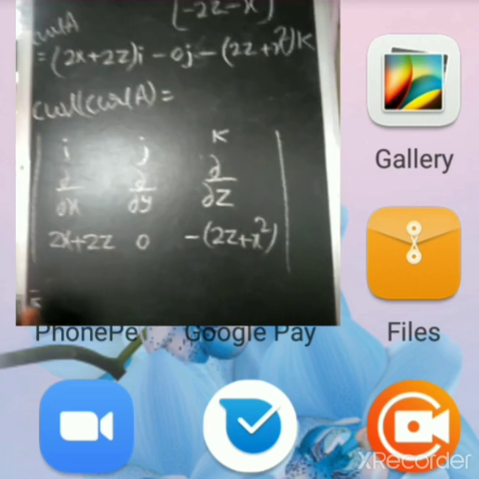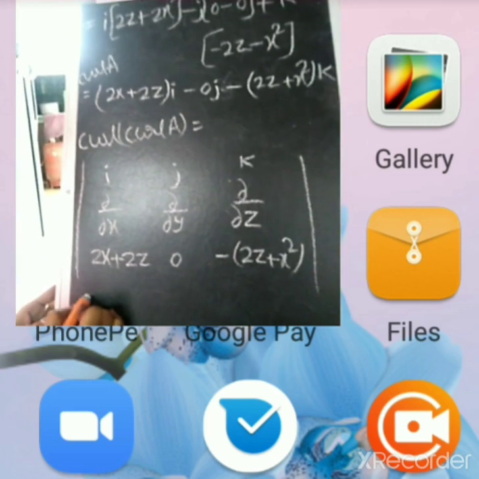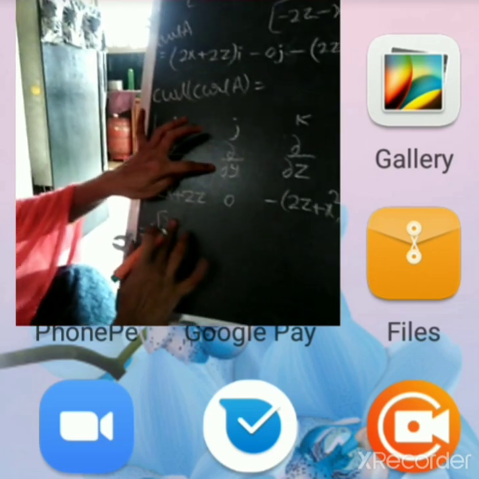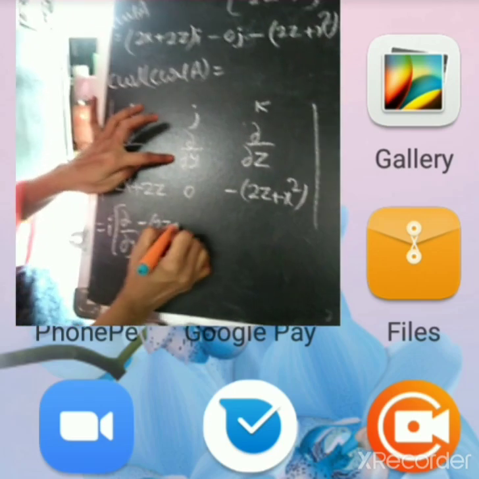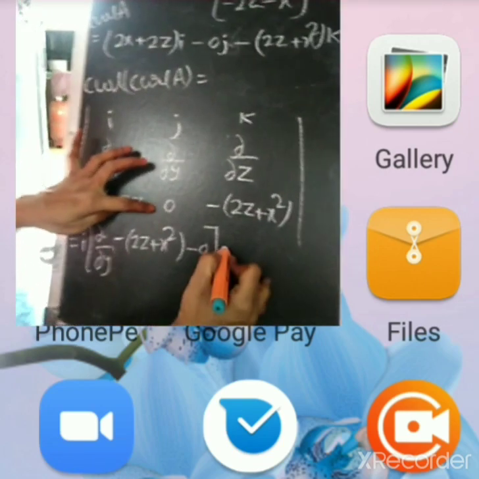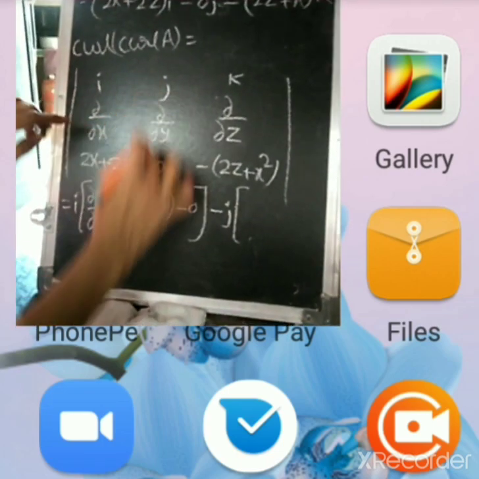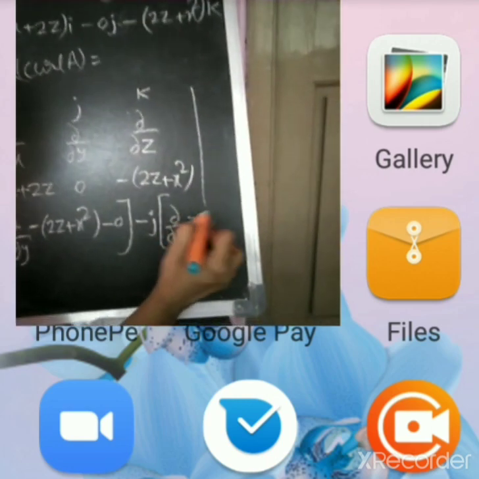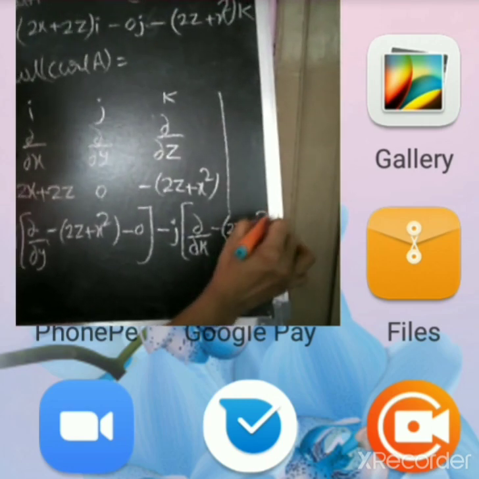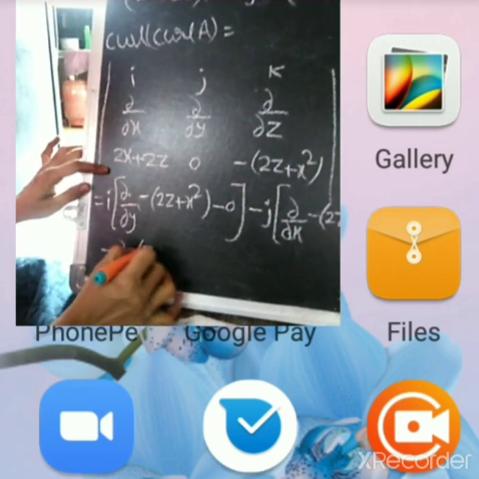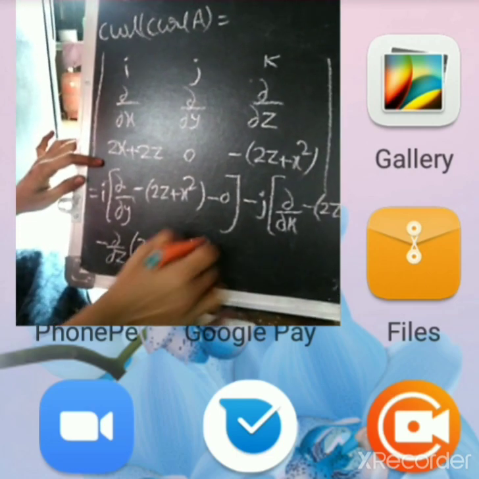So that is equal to i into dou by dou y of minus 2z plus x square, here minus is there, minus dou by dou z of 0, so this value is 0. So minus j into, here j, dou by dou x of minus 2z plus x square and minus dou by dou z of 2x plus 2z.